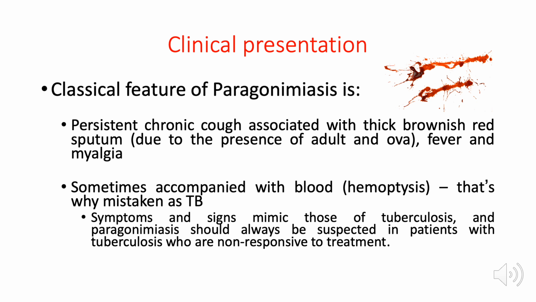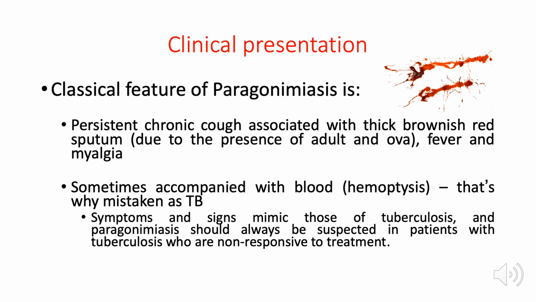Red because there could be hemoptysis, and sometimes it's red because of the presence of the reddish-brown adults. That's why a lot of cases of paragonimiasis are mismanaged as tuberculosis, because these patients will present with hemoptysis, which is also a presentation of someone with tuberculosis.